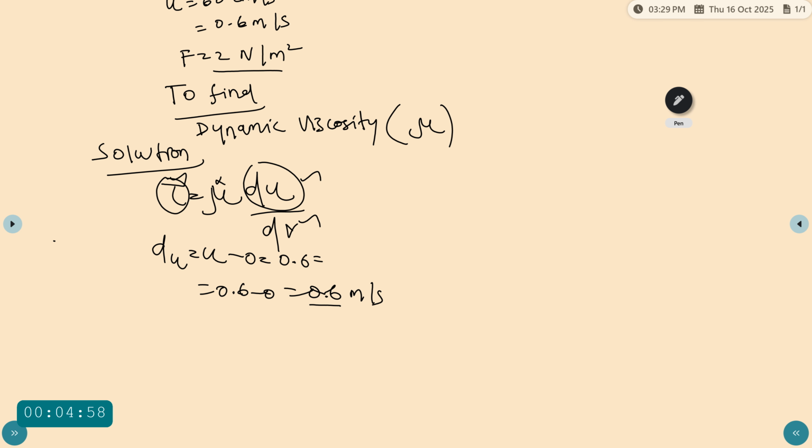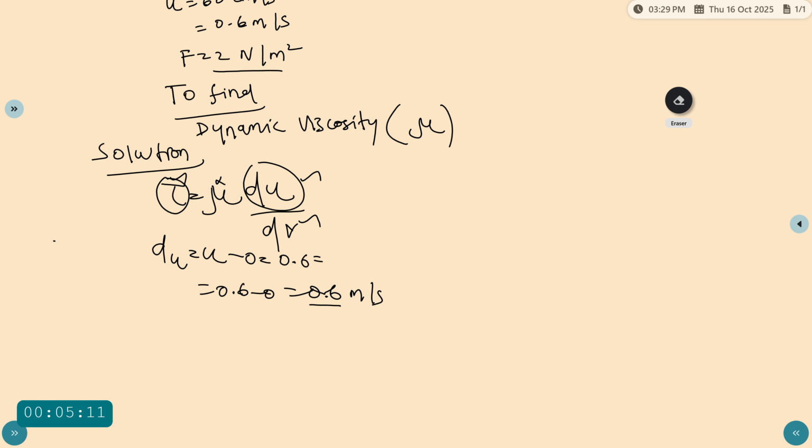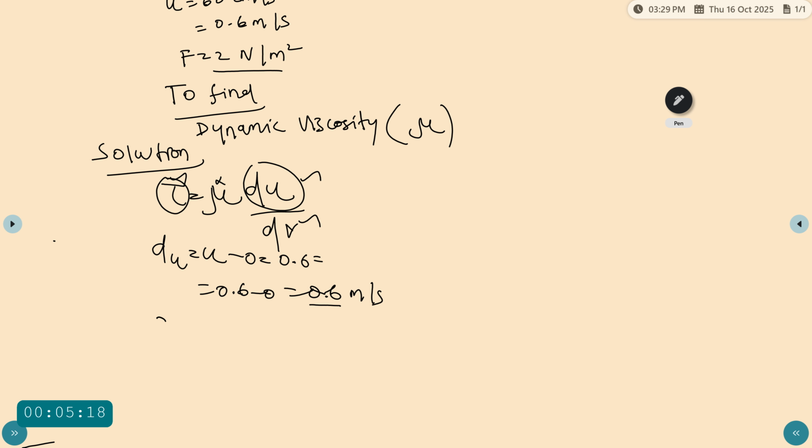The unknown is mu. So we substitute all the values into the equation of viscosity. 2 equals mu into 0.6 divided by 0.025 into 10 power minus 3.